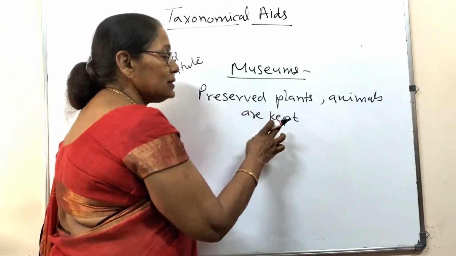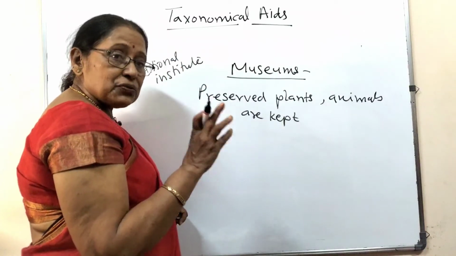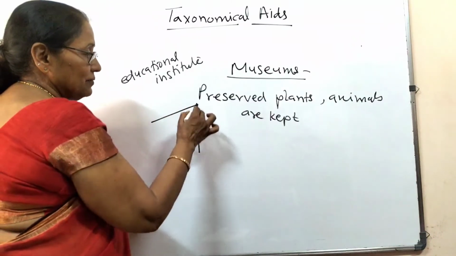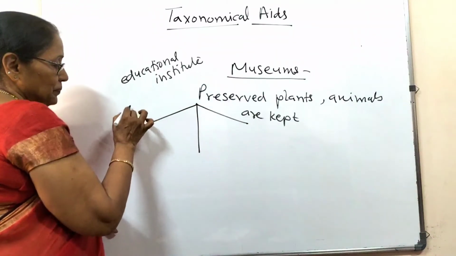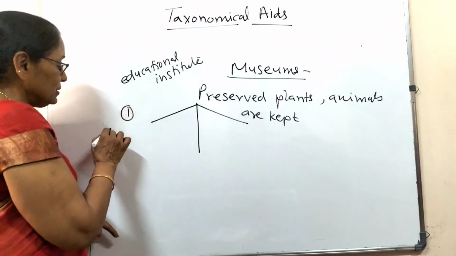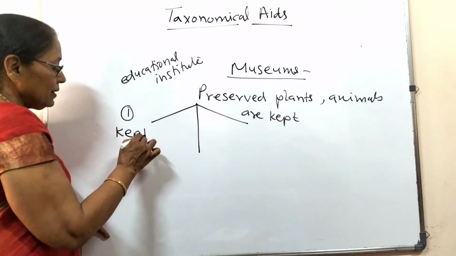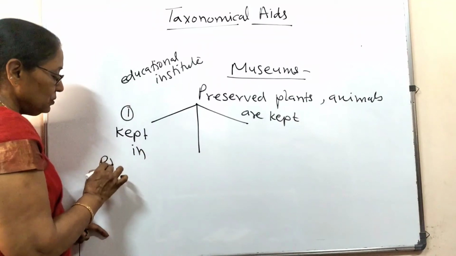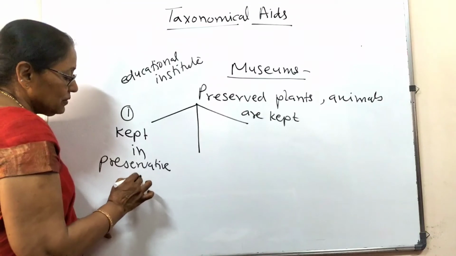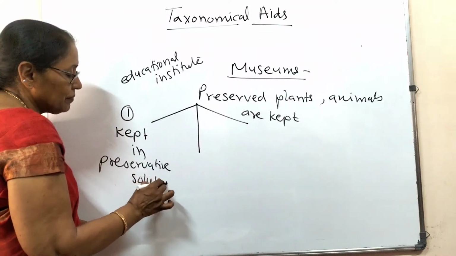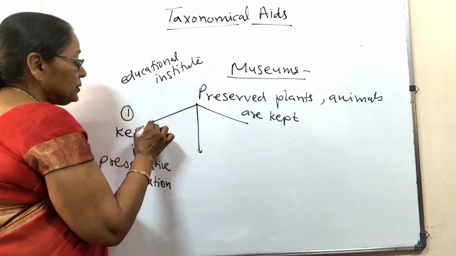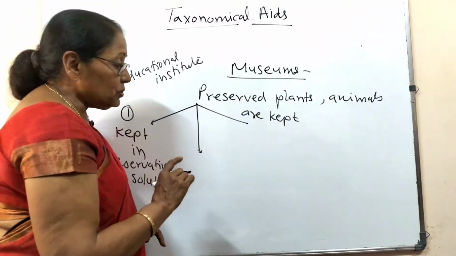Now here the plants and animals are preserved. So what are the different ways in which they can be preserved? First, they are kept in preservative solution, that is formalin. Next, no need to keep dead organisms in preservative solution.